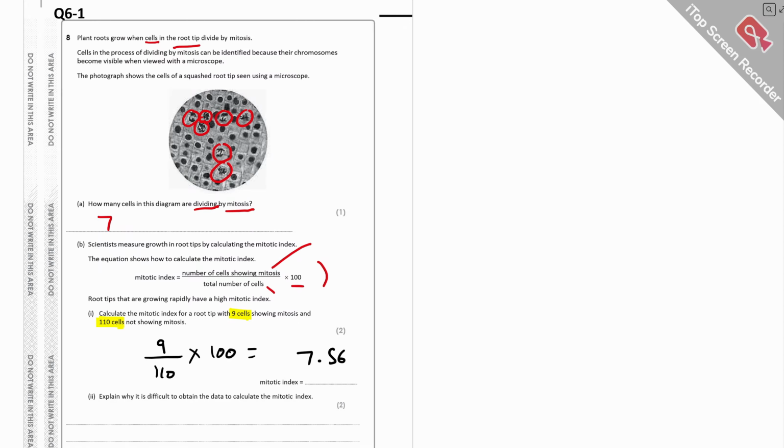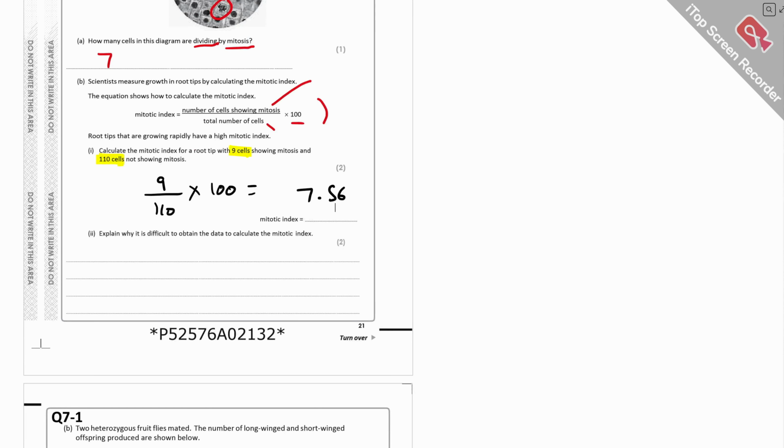Not 7.56. Okay. Explain why it's difficult to obtain data to calculate the mitotic index. There's 2 marks, so clearly it's difficult to count cells accurately.